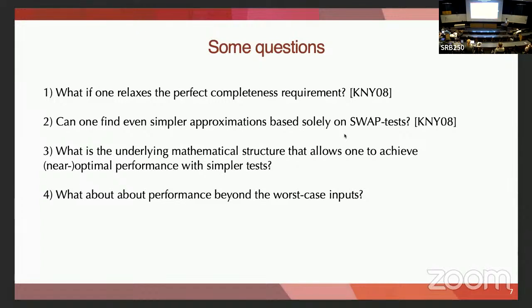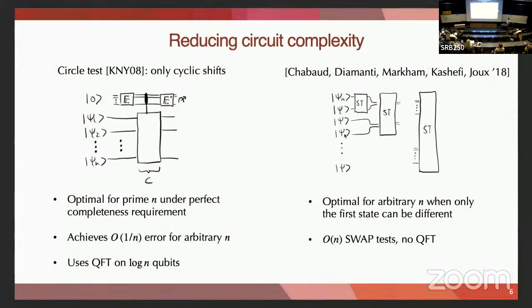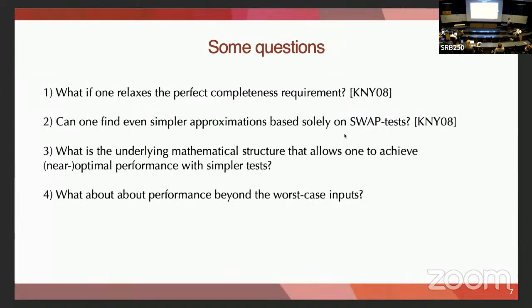For example, like in this paper in 2018, which uses only subroutines of smaller swap tests. Another question is to understand, maybe broadly, what is the underlying mathematical structure that allows us to achieve near optimal performance for this simpler test, which is not a permutation test type.